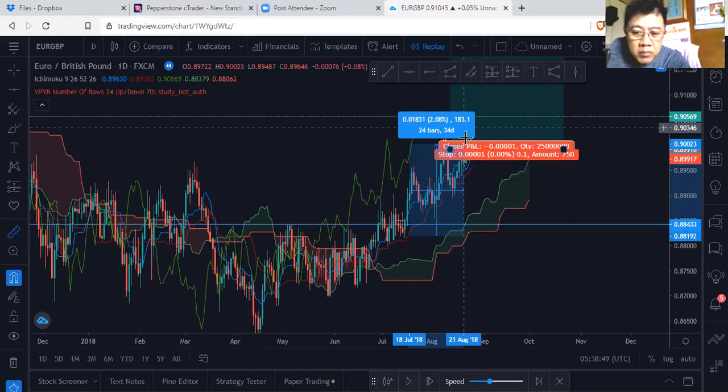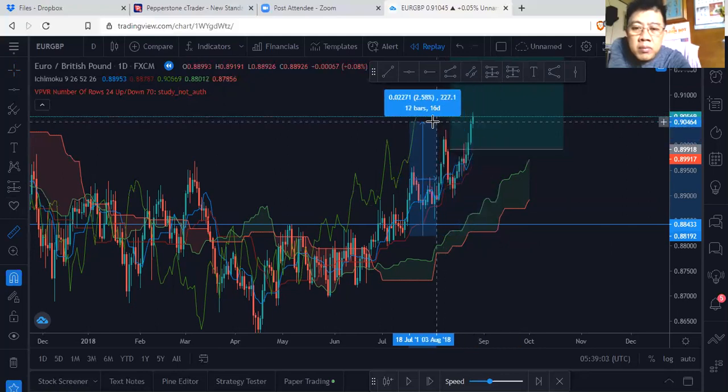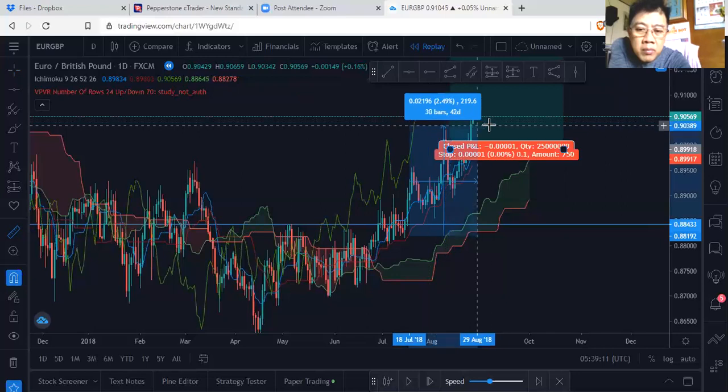Measure here, 40 bars. How many pips? I don't know how many pips. 5 bars, 8 days.